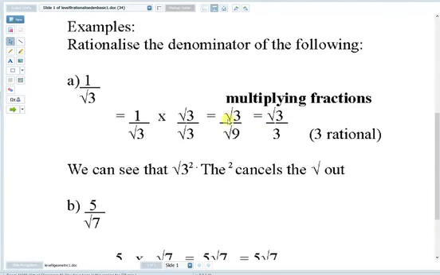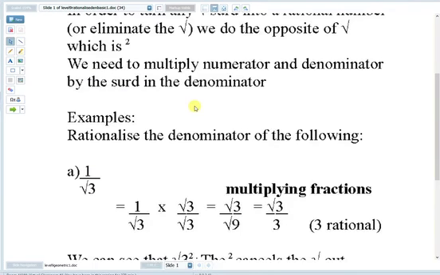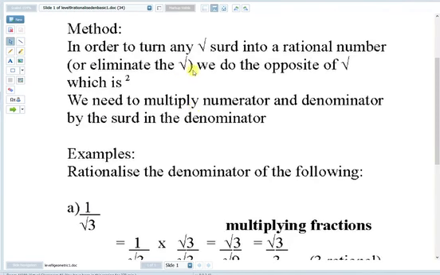So, question. Rationalise the denominator of the following. So what the question would say here is 1 over square root of 3. So if we go back up to our method here, we need to change the irrational number on the bottom to a rational number.